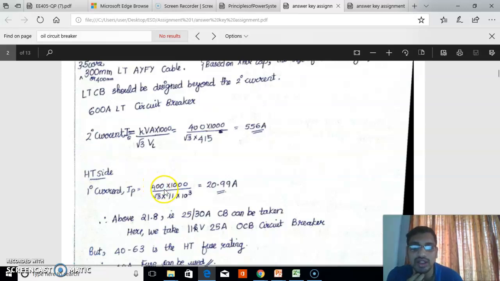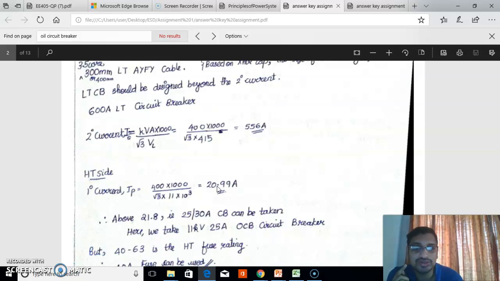So 400 into 1000, converting to VA, divided by root 3, because it is a 3 phase system, into the voltage, 11 kV, converted to volts: 11 into 10 raised to 3. So we get 20.99 ampere. That is the primary current of the given system.